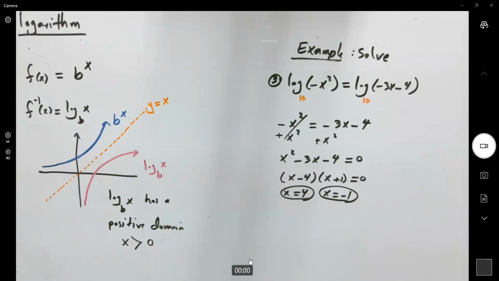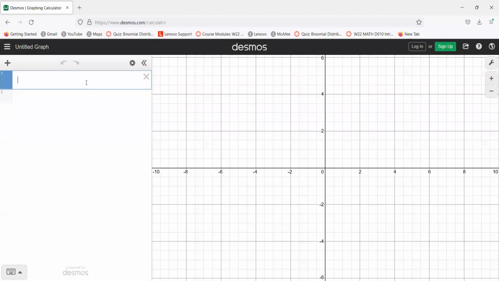Let's take a look at Desmos together. So here we have log of negative x squared. There we go.